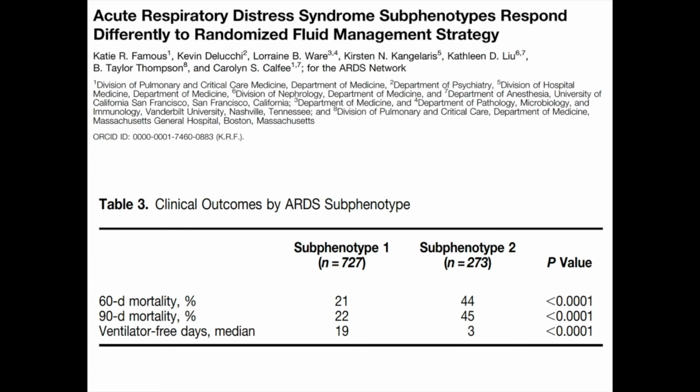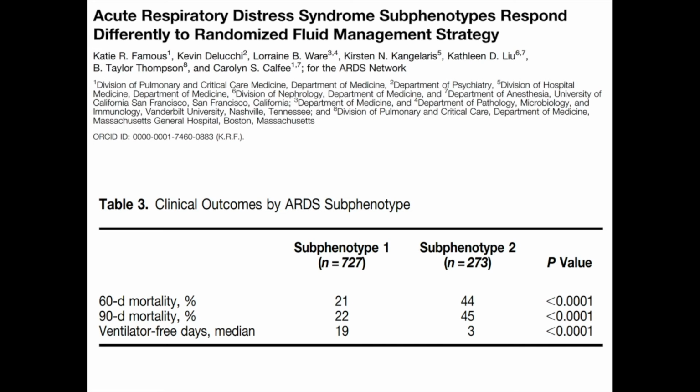Now, in this particular study, they included another group, the ARDSNet FACTT trial, the study done on fluid and resuscitation in ARDS. So they included that particular patient group into this subphenotype.